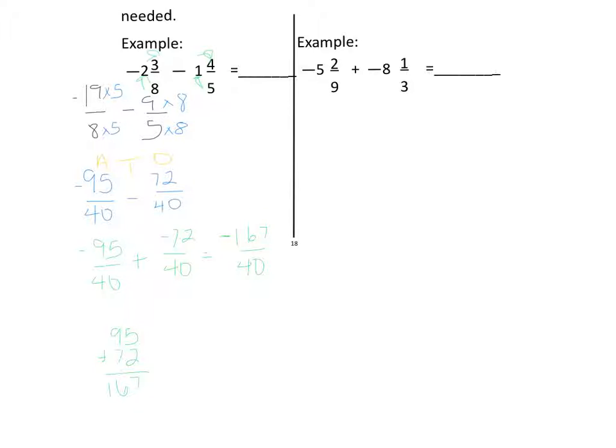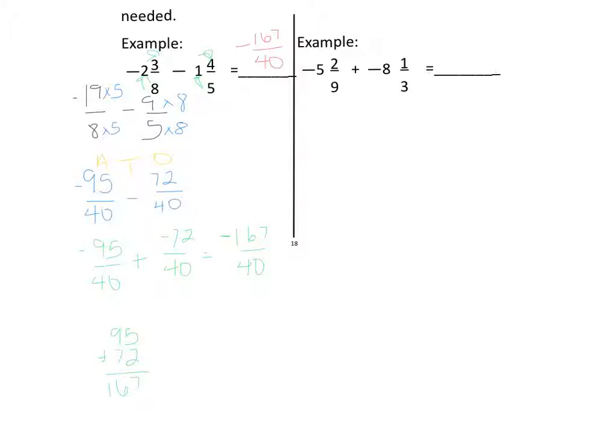No. We check 5. Can 167 be divided by 5? No. Therefore, chances are this fraction cannot be simplified any further. So our final answer is negative 167 over 40. You can go through and make it a mixed number if you're dying to, but you do not have to. Feel free to leave it like that because for graded response, it's got to be improper.